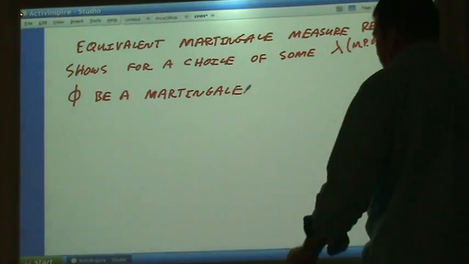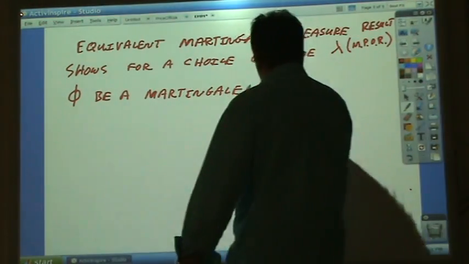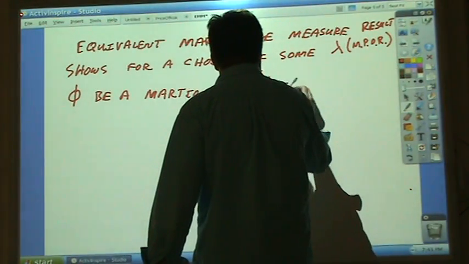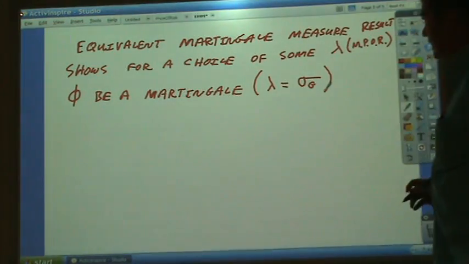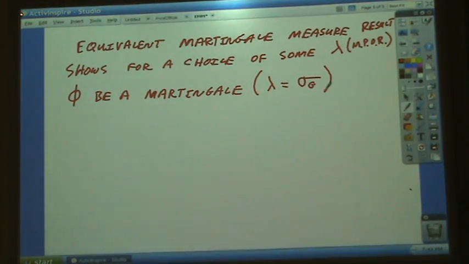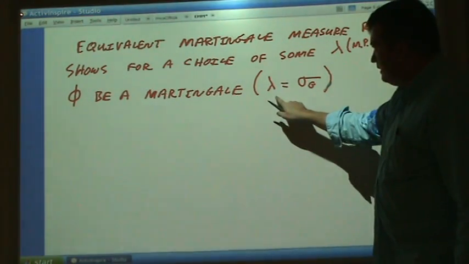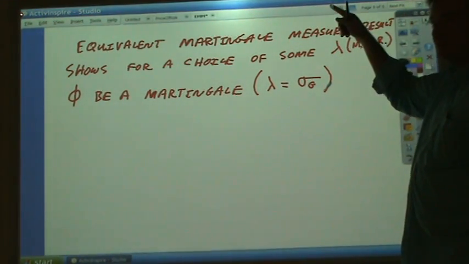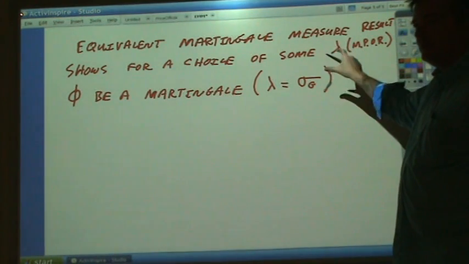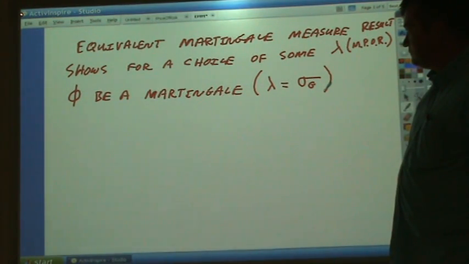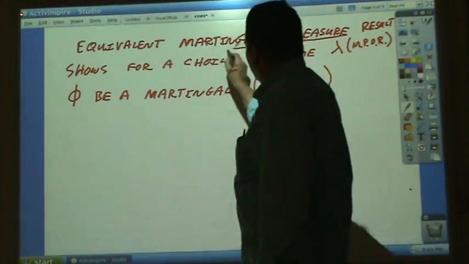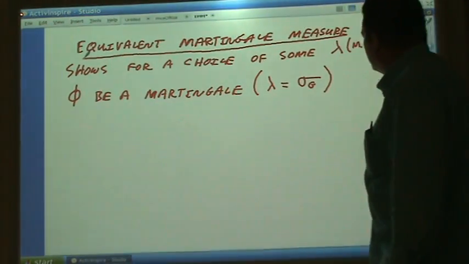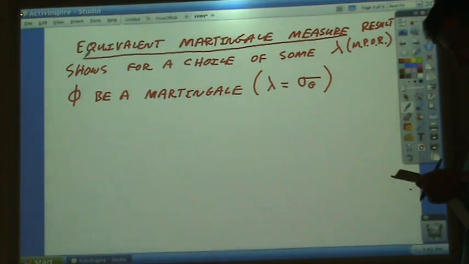And it turns out that if we choose lambda to equal the volatility of G, for that particular lambda, the ratio of the one stock over the other is expected to stay the same. So that's what the equivalent martingale measure result shows.